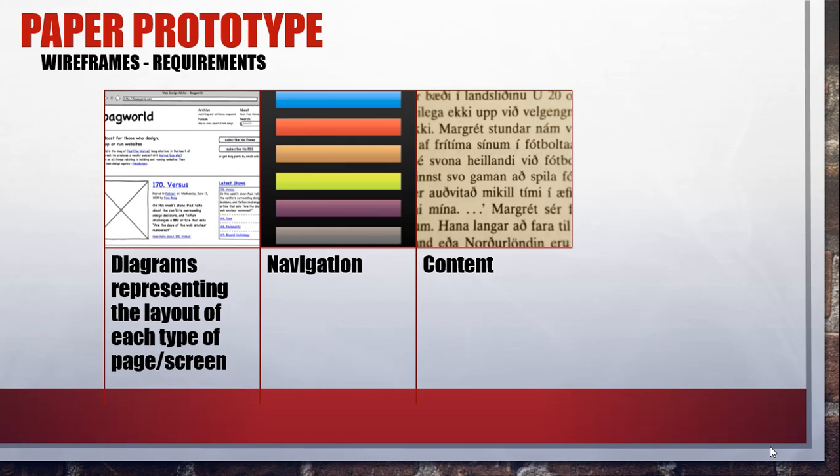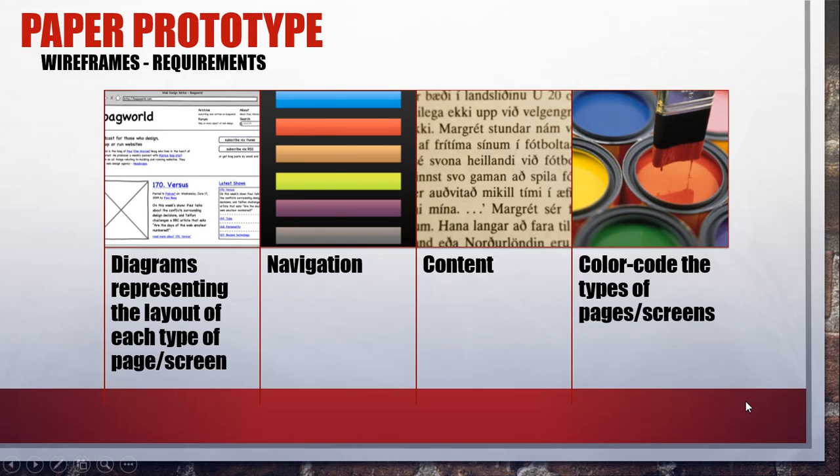So for example, if you want to locate all videos in a particular section of the page, you represent that. If the text is going to be in another section, where the navigation is going to go. Color code the screens using the same scheme that you used for the flowchart so that it's consistent.